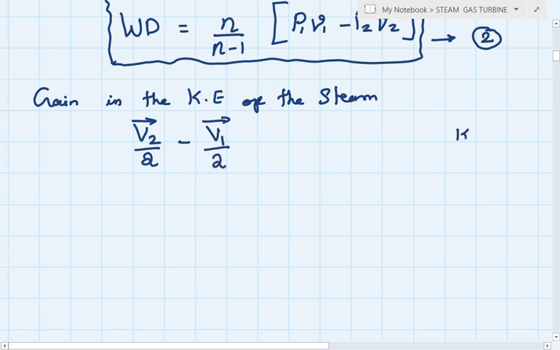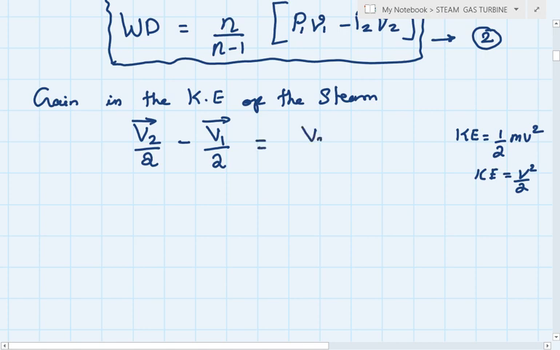This equation is nothing but the kinetic energy equation, half m v square. We are considering mass as 1, so the equation will be v square by 2.